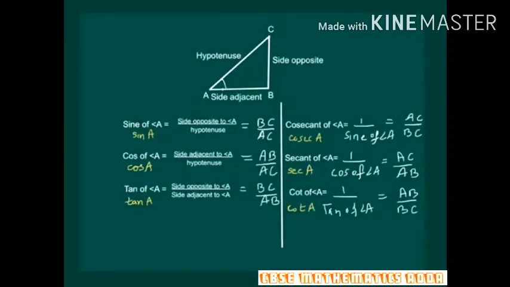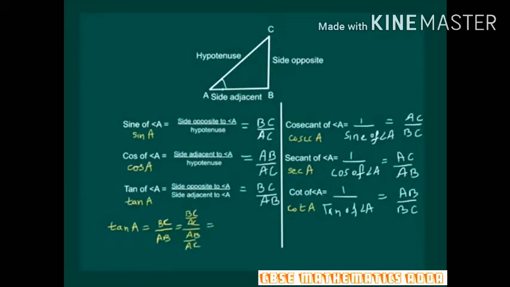Another formula here we can derive for tan A and cot A. So tan A is equal to BC divided by AB. Here we can write this as BC divided by AC whole divided by AB divided by AC.